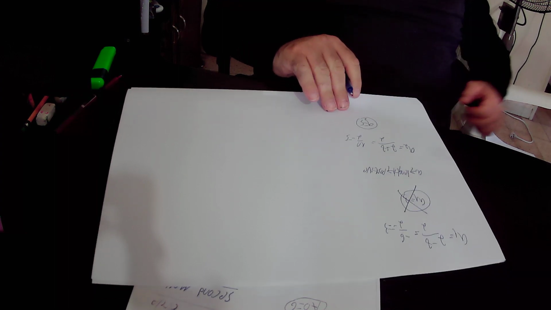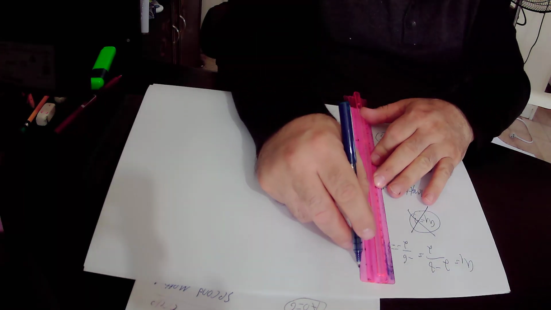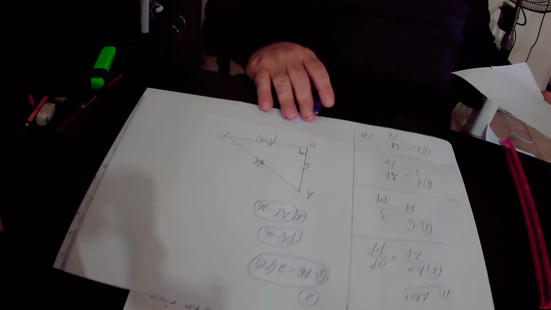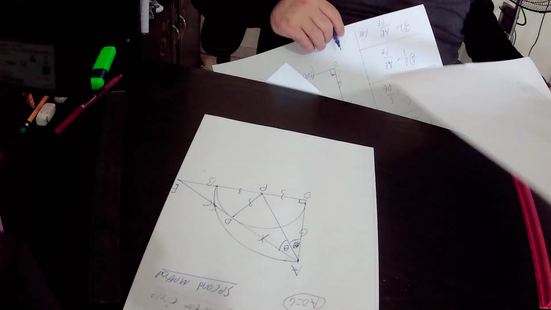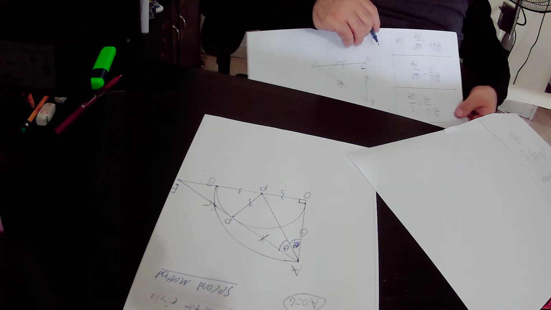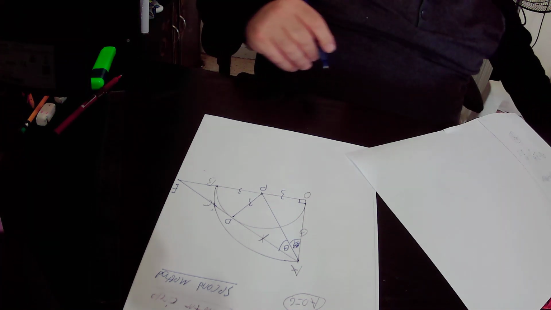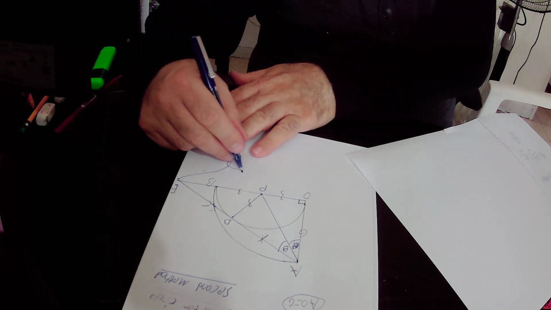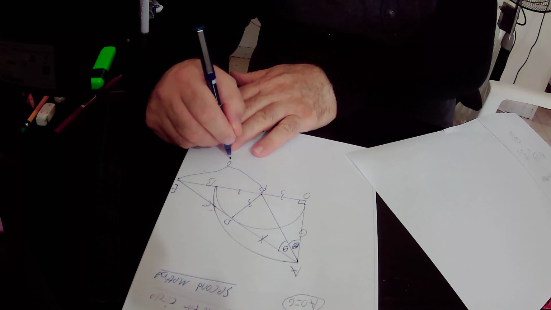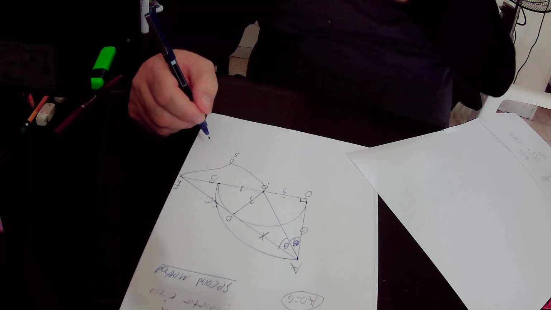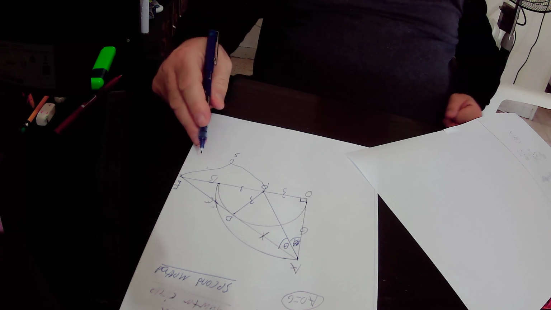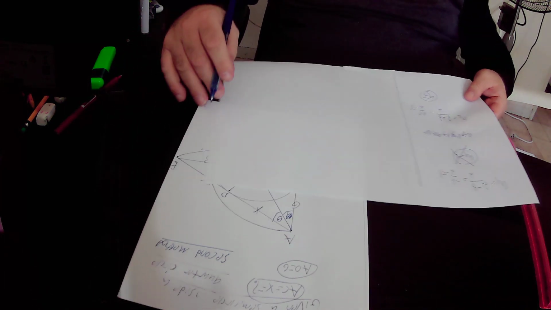A equals 5. So here PE equals 5, and PE minus PB equals EB.